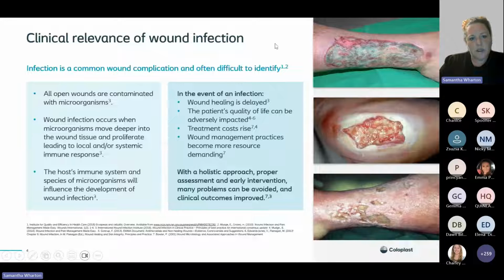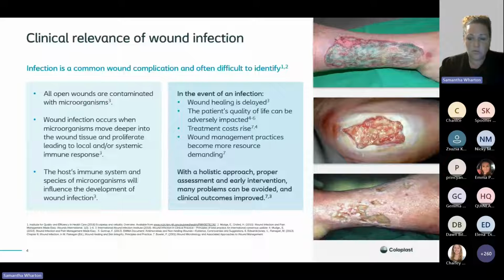So what is the clinical relevance of wound infection? Well, on our skin we've got microorganisms that sit there, but wound infection occurs when those microorganisms move deeper into the wound tissue and start to proliferate, so they start multiplying, and that leads to local signs of infection.